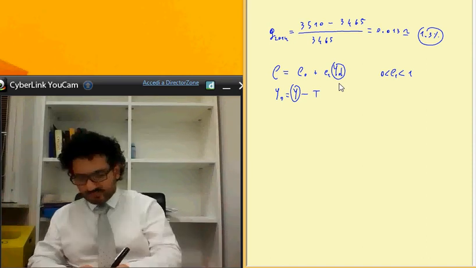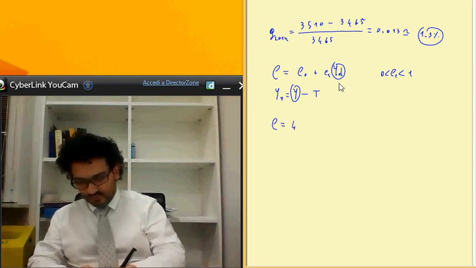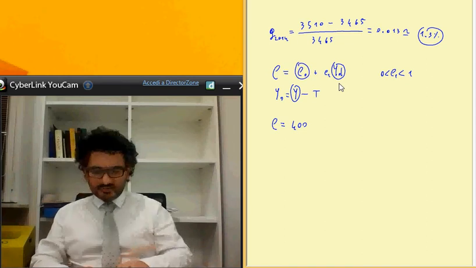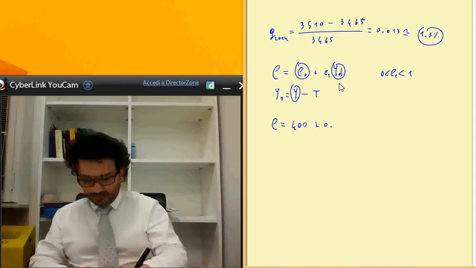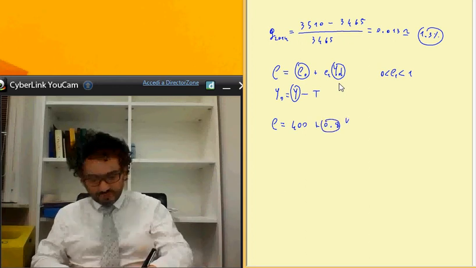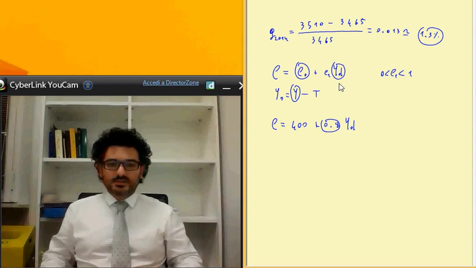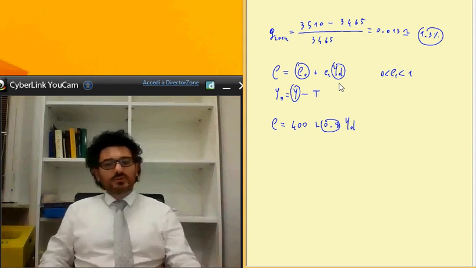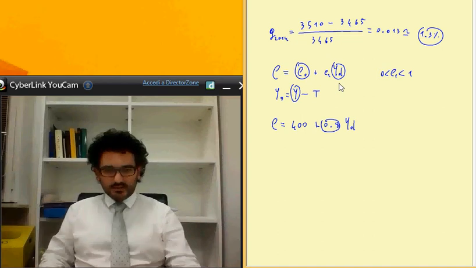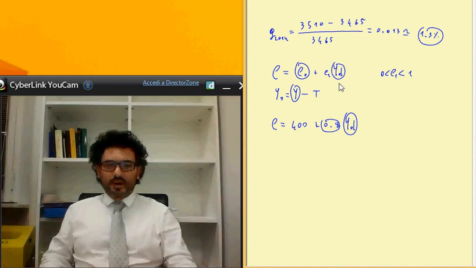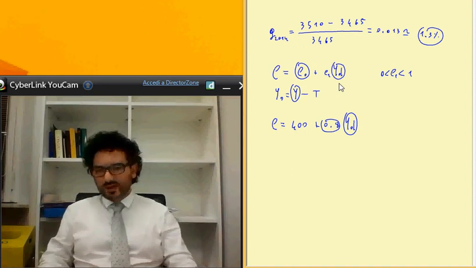So we can make an example. We suppose that consumption is equal to 400, which corresponds to C0, plus 0.8, which is the propensity to consume, which multiplies YD, which is the disposable income. This means if the propensity to consume is equal to 0.8, an increase in disposable income of 100 implies an increase in consumption equal to 80.